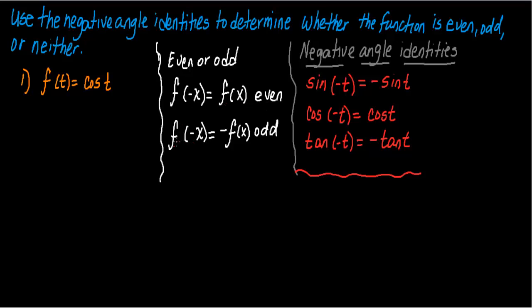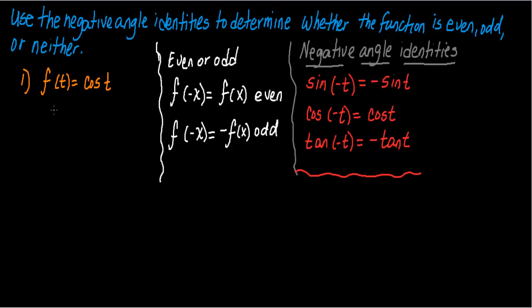If I evaluate it at the negative x value and I get back the negative of the original function, then that function will be odd. If I evaluate the function at the negative x value and it is not even and it is not odd, then this means that it's neither even nor odd.